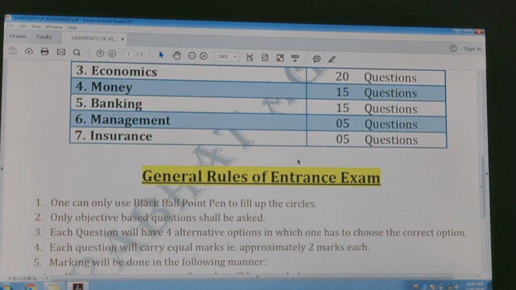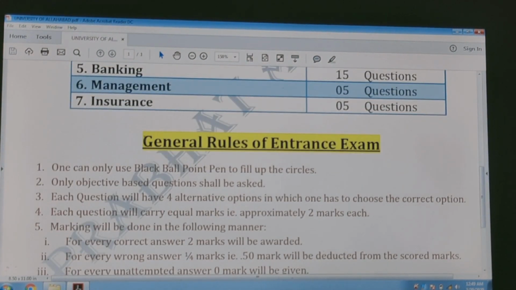Now moving ahead to some other aspects. Now we are going to focus on the general rules of the entrance exams. What are the basic things which you have to focus on in this entrance exam? What are the rules? What are the patterns which you have to follow? I have pointed out that the first point says one can only use a black ball point pen to fill up the circles.